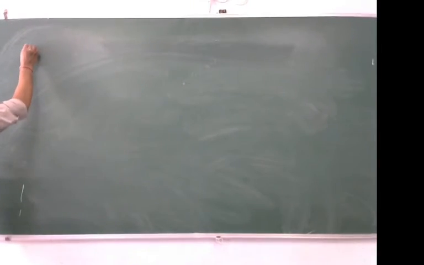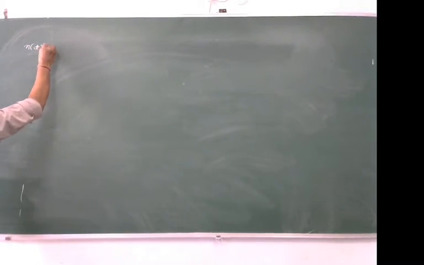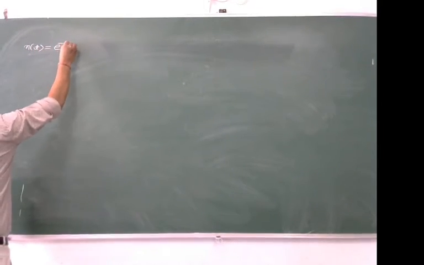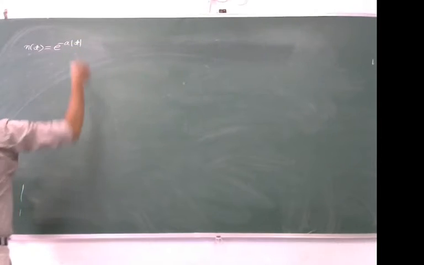Now, what we have seen is that the ROC will exist only when minus a is greater than minus b. There are some more examples also, like the given one, which says that x of t is given as e power minus a mod of t.